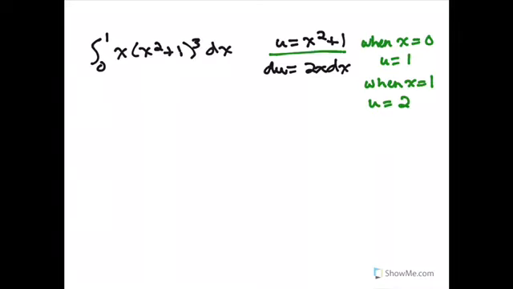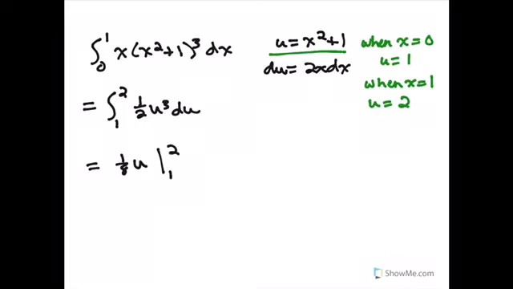So I can rewrite this then, when I do my u substitution, as the integral from 1 to 2. So I've changed my limits based on my choice for u, of 1/2 u cubed du, which then becomes 1/8 u to the 4th going from 1 to 2.